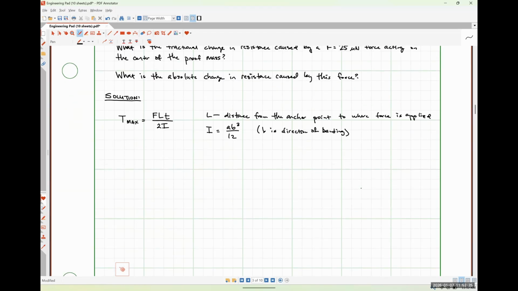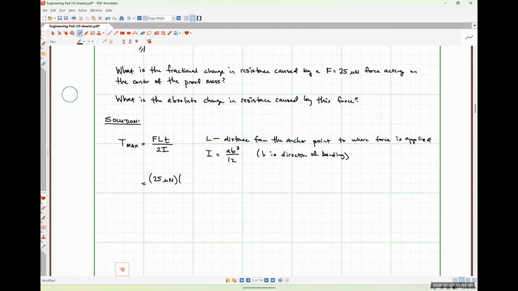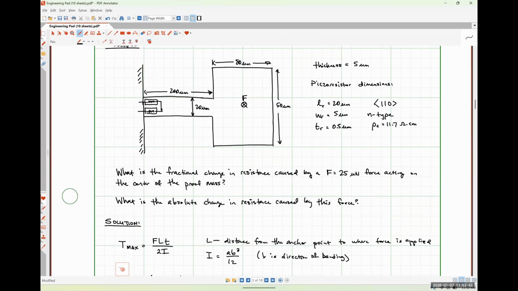So if I start plugging numbers into this, I've got my force of 25 micronewtons. My length here is going to be the entire length of the cantilever beam plus half of the length of my proof mass, because my force is applied at the center of the proof mass.